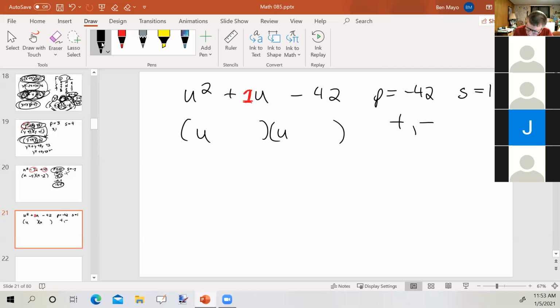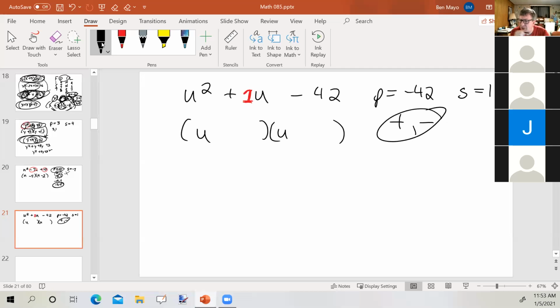But consider this, when we add these two numbers together, their sum is a positive 1. So we've got a positive number and a negative number. When we add them together, we get a positive 1. So that means the positive number is going to dominate. It's going to have a larger absolute value than the negative. How much larger? Just 1.